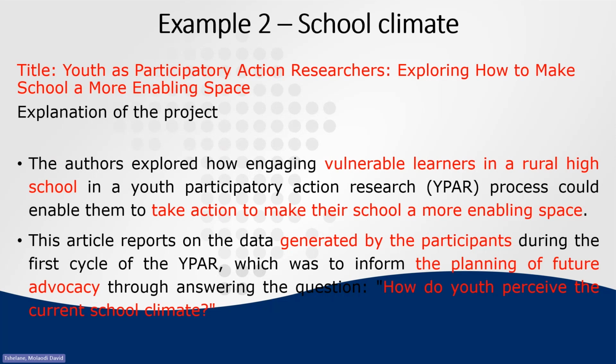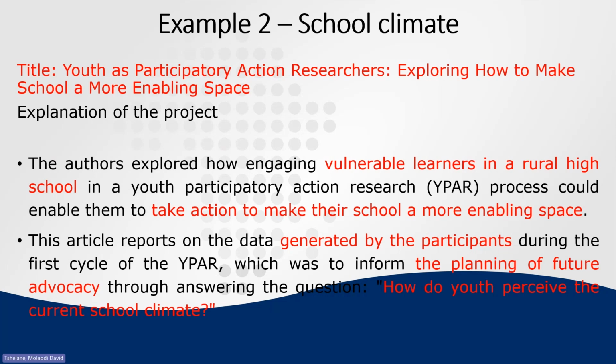This article reported on the data generated by the participants during the first cycle of this youth participatory action research, which was to inform the planning for future advocacy by answering the question, how do youth perceive the current school climate? So that was how the project was done.